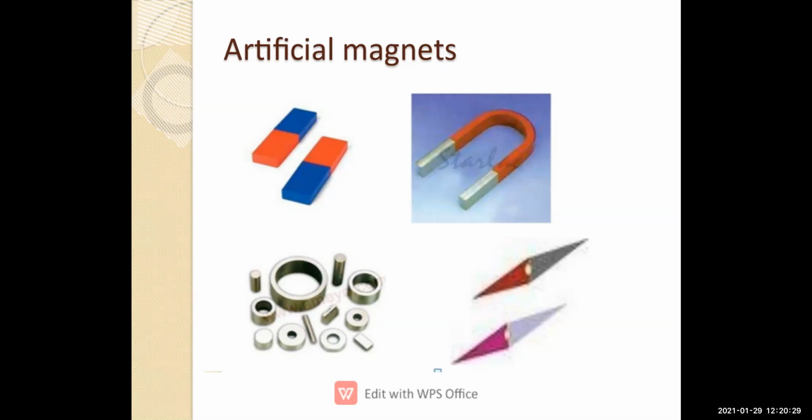These are the magnetic needles that are present in the magnetic compass, and here are different shapes. Here you can see different magnets which are used according to the requirement of where they are to be fitted. So these are some of the artificial magnets.